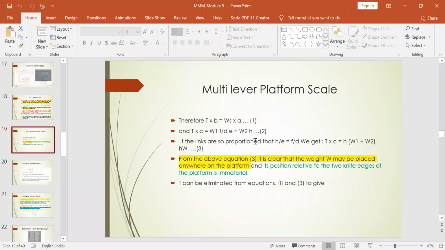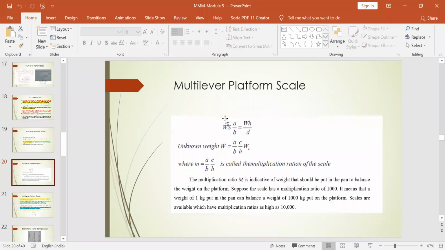Then you apply the moment equation and equate it with the given proportionality constraint. Then we come to know that the value of T has no effect on the platform in which you are embedding the weights, and hence we neglect the tensional force from the equations, and then you get only the relation with which you can determine the unknown weight.